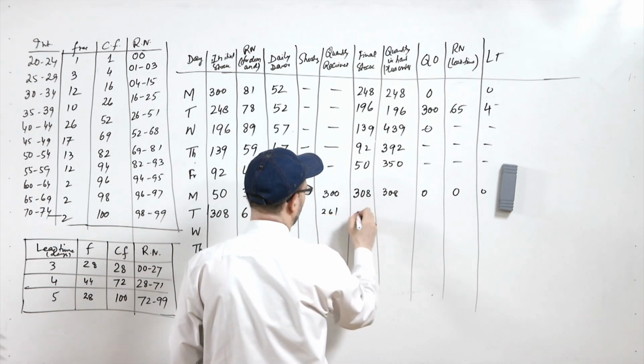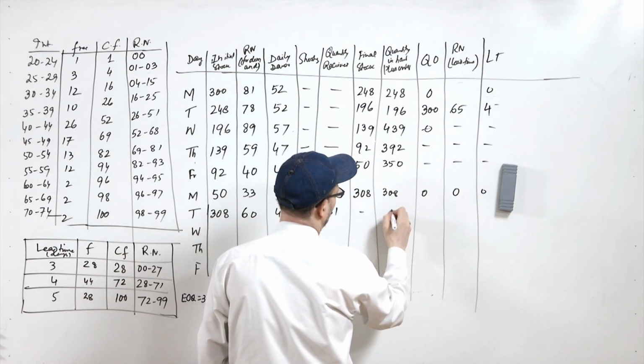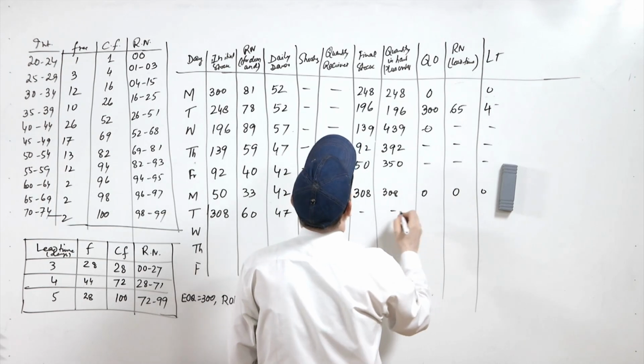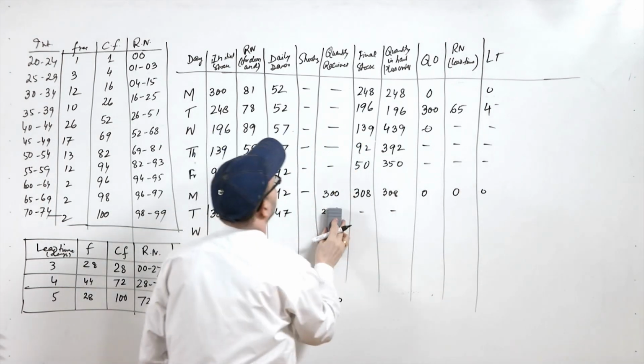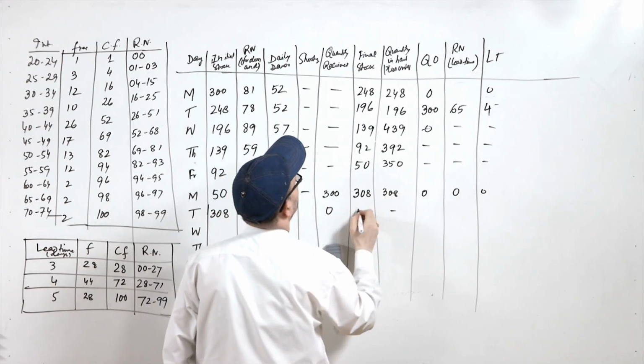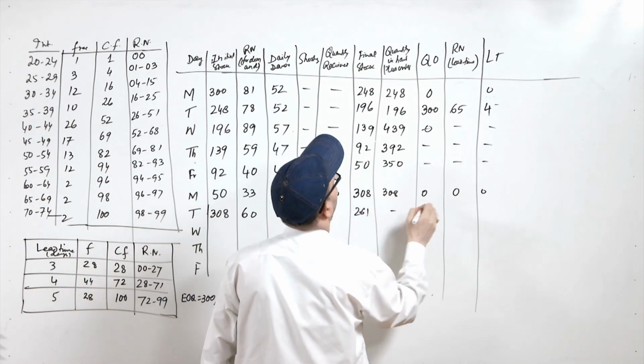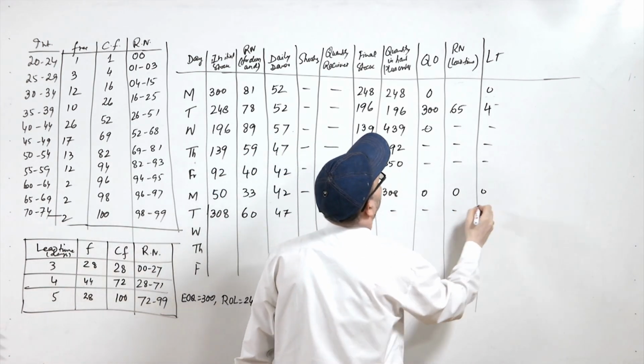So, that will be moving like this. You will have no quantity received, that is 0, but the final stock is 261, and nothing ordered here.